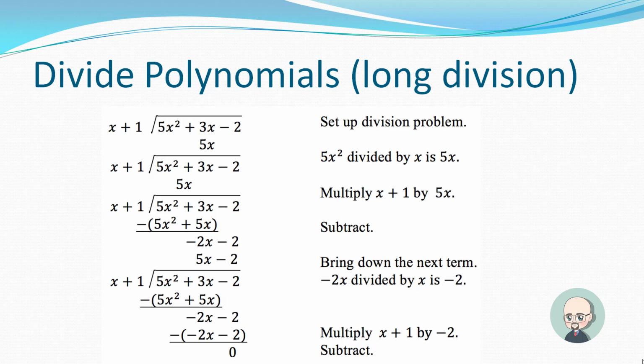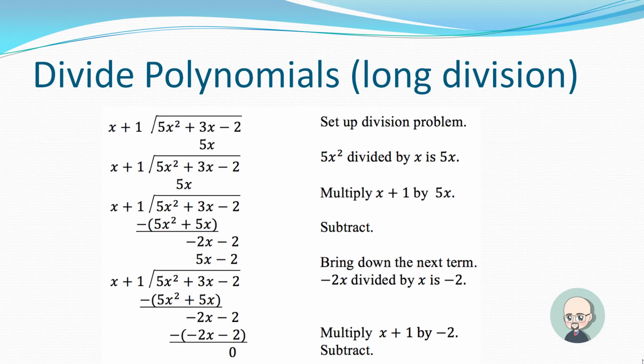Okay, and you get 5x. And then you multiply it. Okay, so 5x times x plus 1 equals 5x squared plus 5x. And you subtract. And then you get negative 2x. And then you bring down the next term, which is negative 2. And then negative 2x divided by x is negative 2.